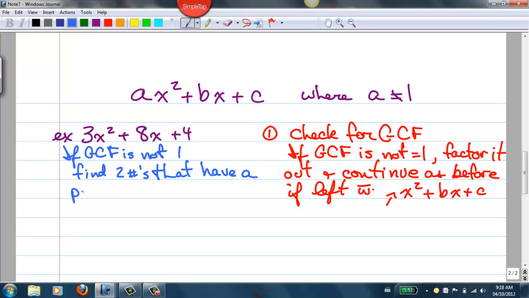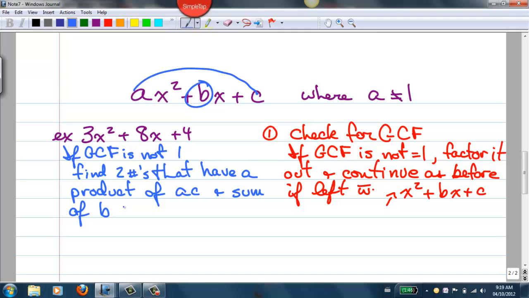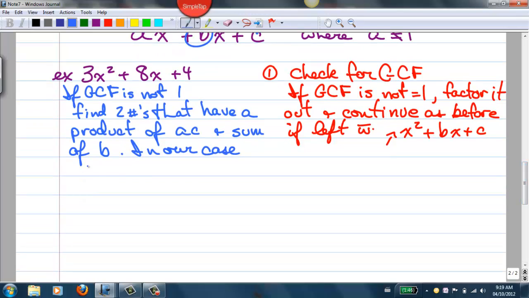In this case, 3 times 4 is 12. So two numbers that have a product of 12 and a sum of the middle term, like before, a sum of 8.